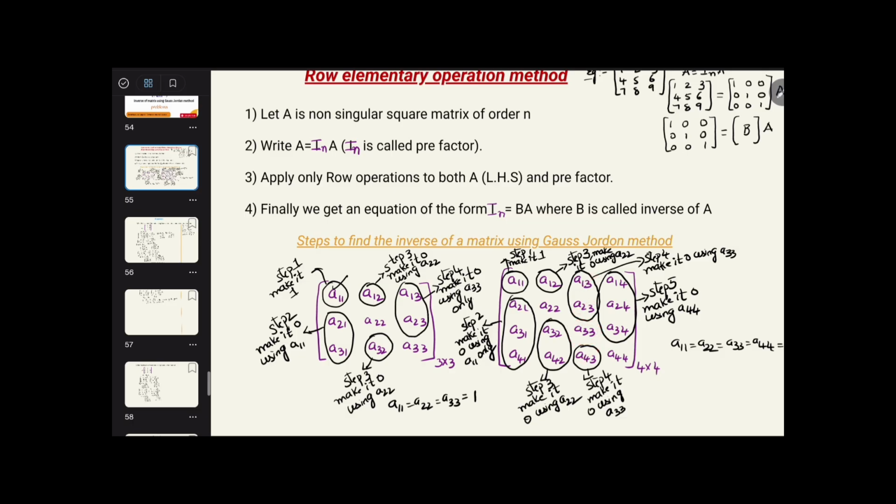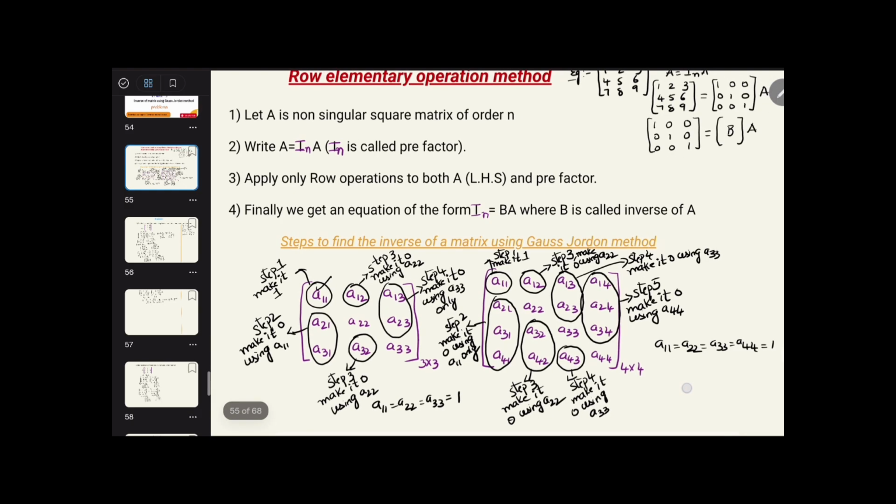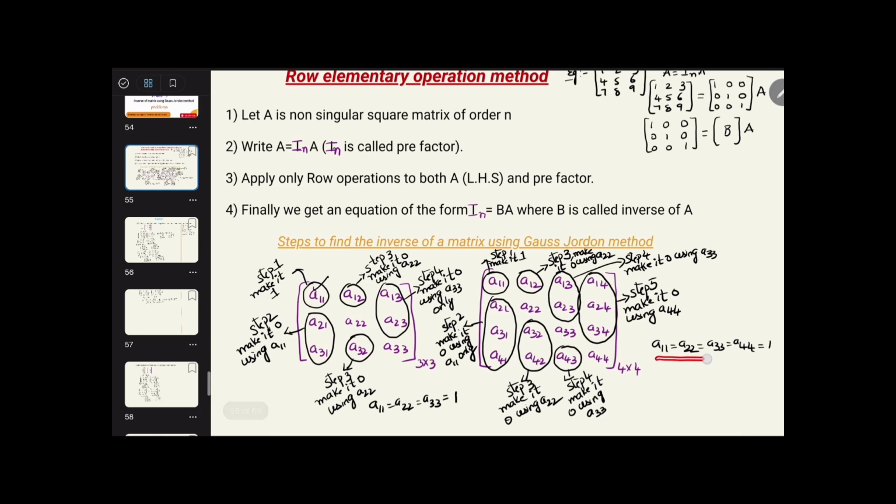And the last step, the fifth step, is we have to make use of the last diagonal element, that is A44, in order to make these three elements 0. So in order to make the remaining elements 0, we are using the diagonal elements A11, A22, A33 and A44. And these diagonal elements should be made 1.